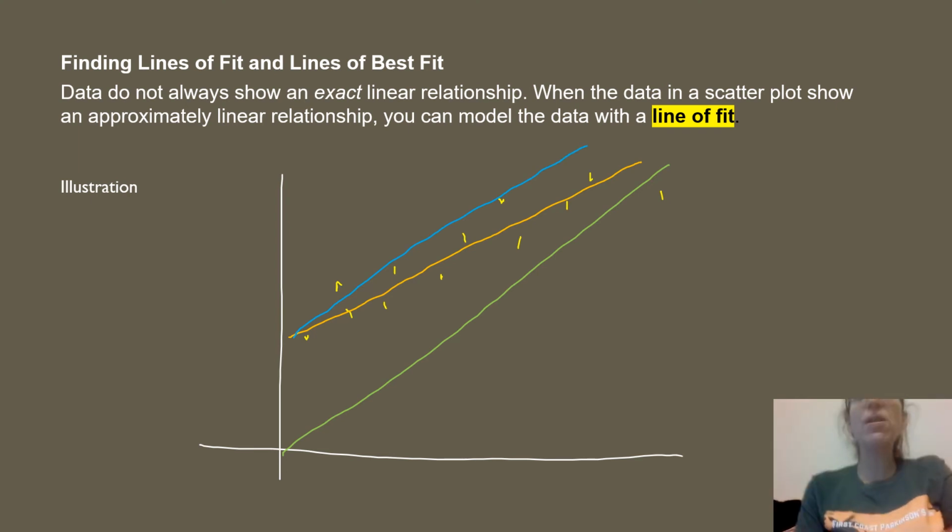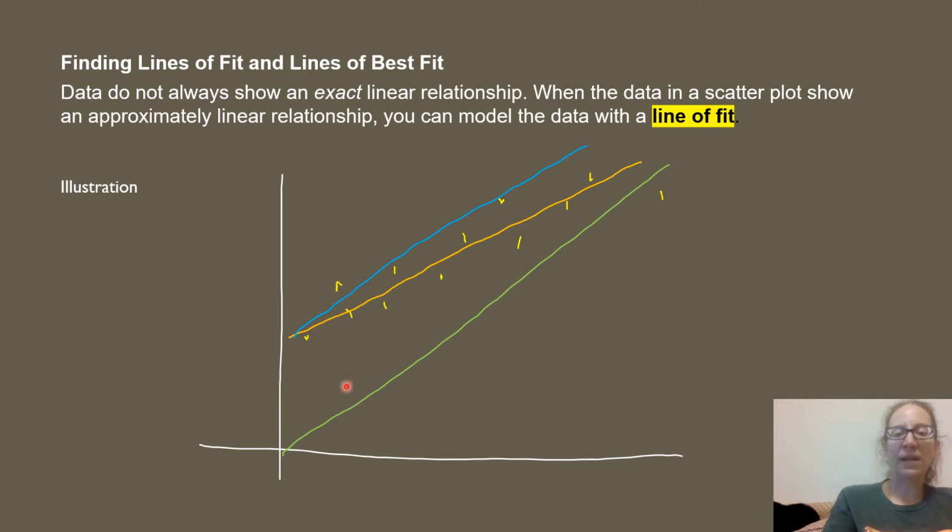Okay, and if I were to ask you which one of those three lines best models the data, I'll let you think about how you'd answer that. Hopefully you would say the orange one. The green line is not near the data.